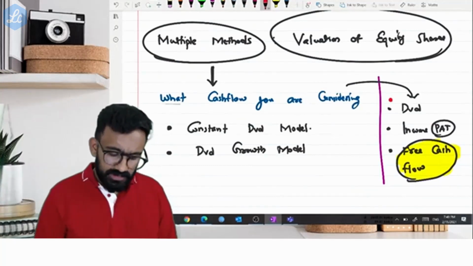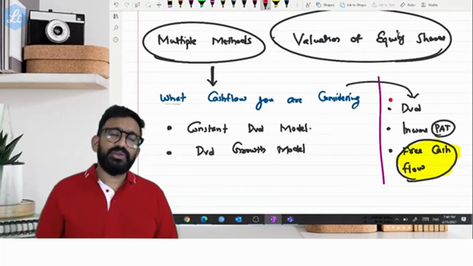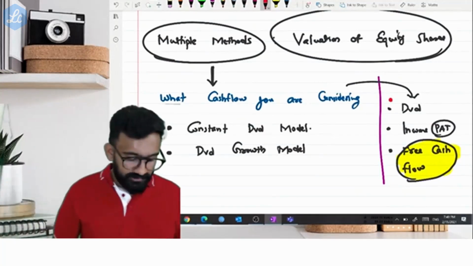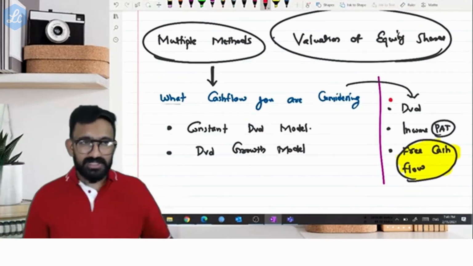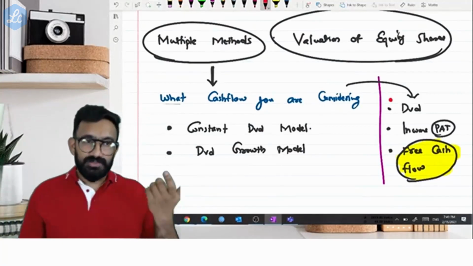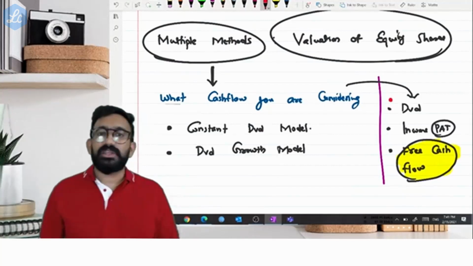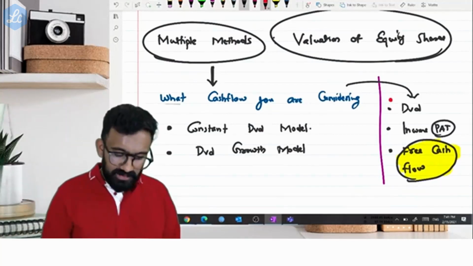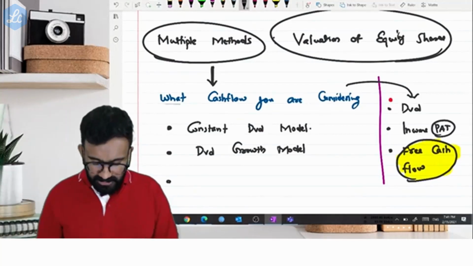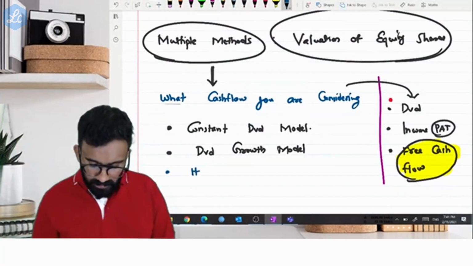Okay, in the dividend growth model itself, you have something called the H model. You have the 2-period growth model. You have the 3-period growth model. All these kinds of models function on the same concept.